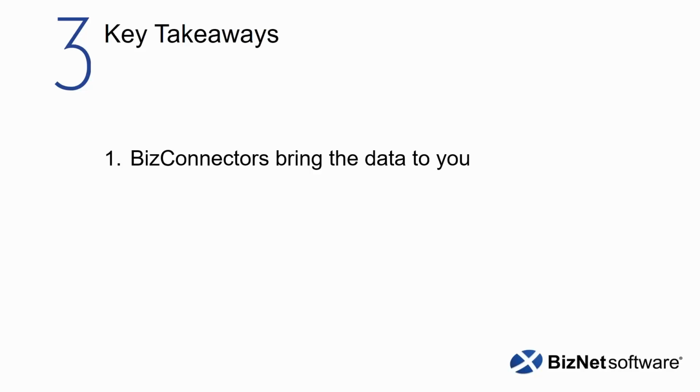Number one, BizConnectors bring the data to you. If you only used the idea of a super table to bring back that sortable, filterable information, you might be ahead of where you are today. But when you add BizInsight, you enable true analysis. You enable yourself and your users to begin to play various scenarios against those numbers.